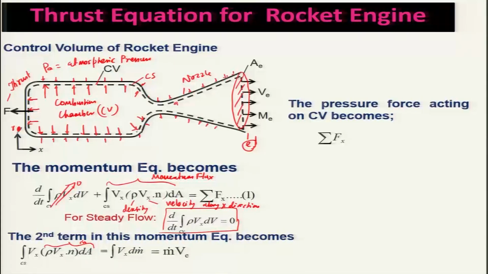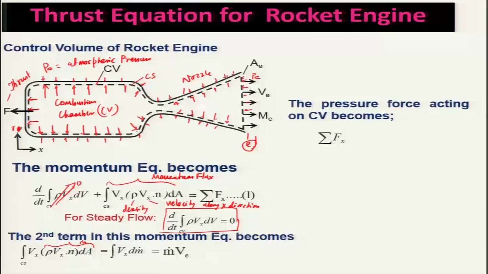And inside also the pressure will be acting, and it may be changing as the gas gets expanded. It leaves at a pressure P E. So P E is acting at the exit, because it is moving, and this will be just opposite to that.